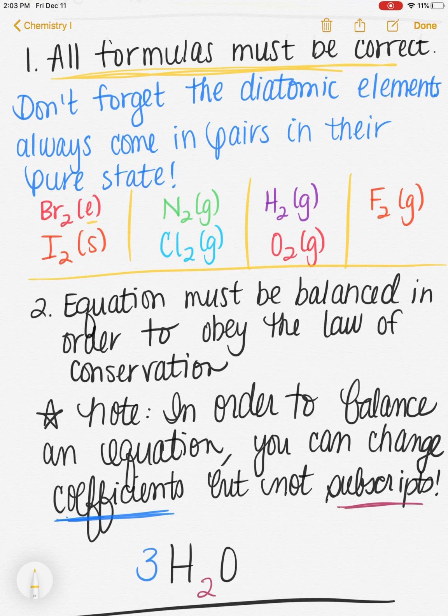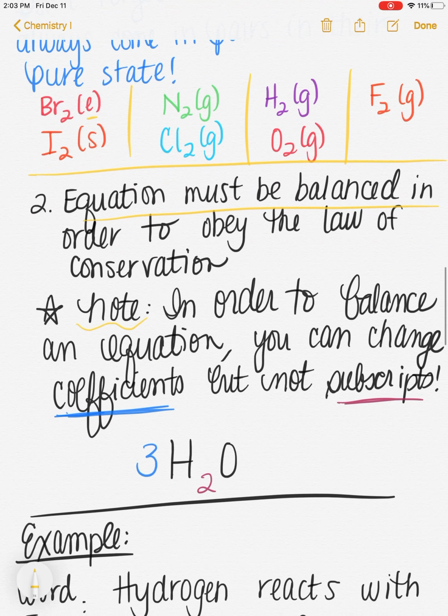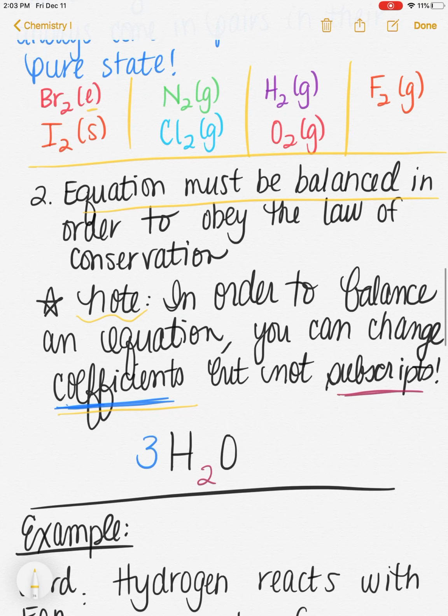All right, the second criteria after you get all of your formulas correct is that the equation has to be balanced, and it has to be balanced in order to obey the law of conservation of matter, because if it's unbalanced, then it looks like you have created or destroyed matter. Now, as you go to balance equations, there are certain things that you can do and certain things that you cannot. In order to balance an equation, you can change coefficients, but you cannot change subscripts on items.